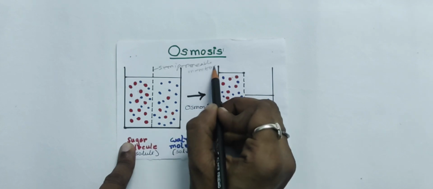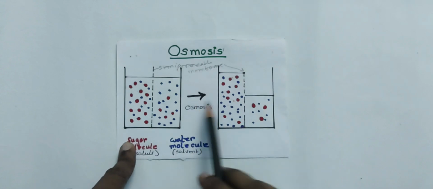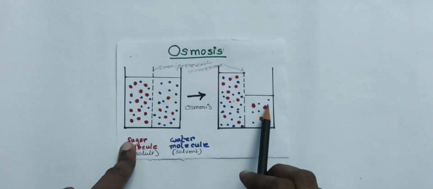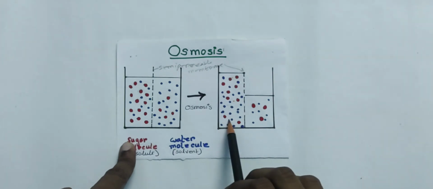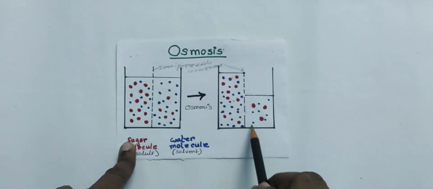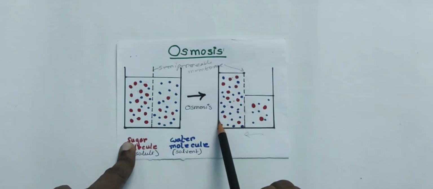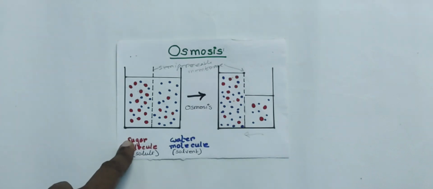Then after osmosis, all the solvent molecules go to this part through the semi-permeable membrane. So here the solvents move from higher concentration to lower concentration. That is osmosis through the semi-permeable membrane.